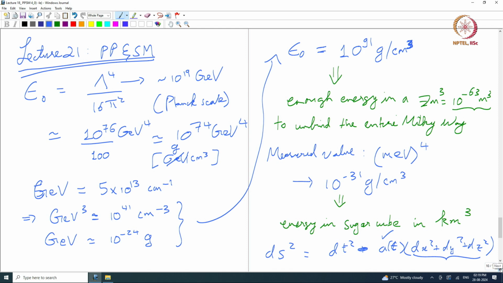Now, that is the reason why I began by saying if you put in this much energy into space, you will immediately rip out everything. If you put this much energy even into a zeptometer cube, you are going to rip out the entire Milky Way because the space is going to expand like crazy and completely unbind it.